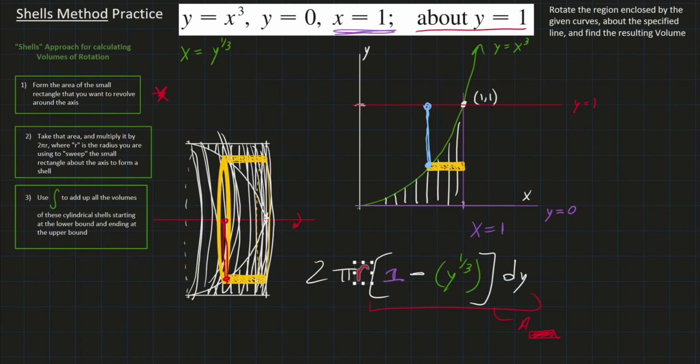So I bet I can do 1 right here minus the y-coordinate of the green point. So I'll write that out: 1 minus the y-coordinate of points along that green curve.